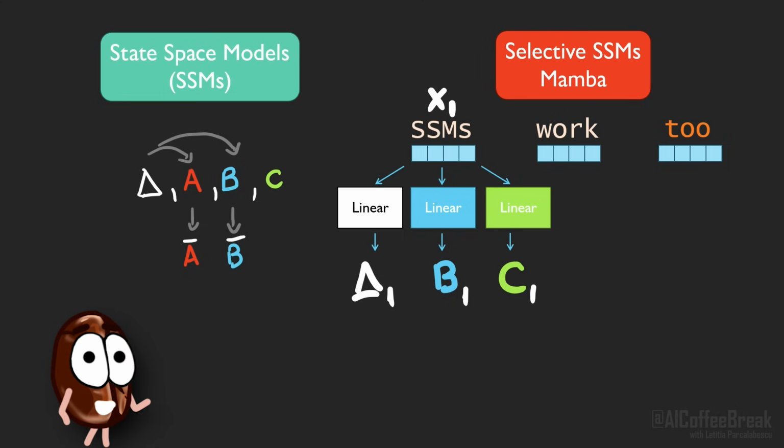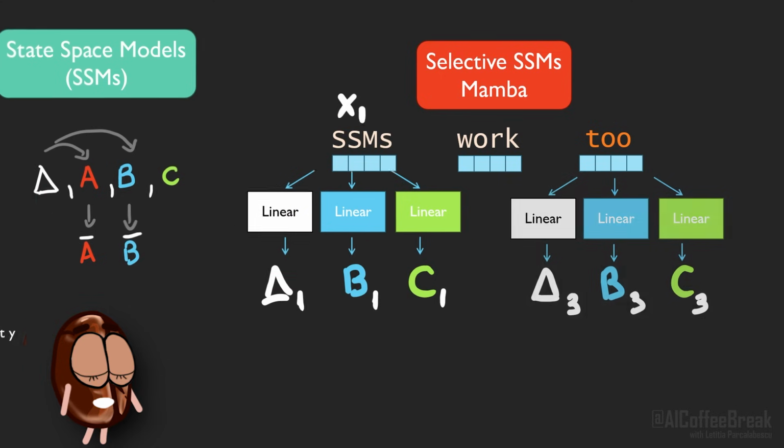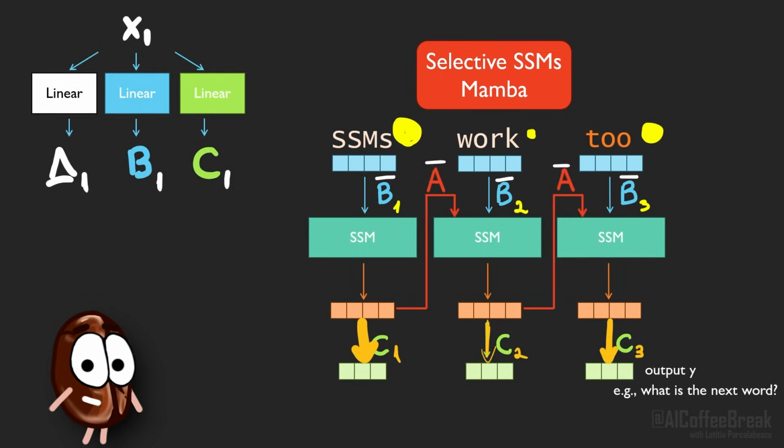And so does a B-specific linear layer, and the same holds for C. So now we get different delta, B, and C matrices at each input, and the SSM, now a selective SSM, can learn to focus on some tokens more than others. And this is a job that attention does in transformers.